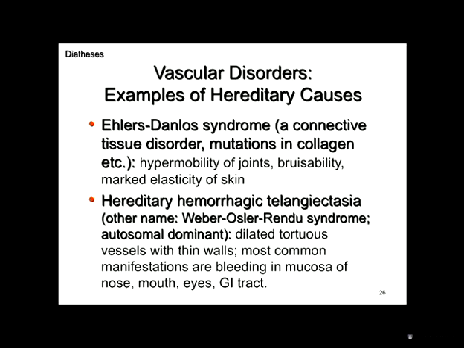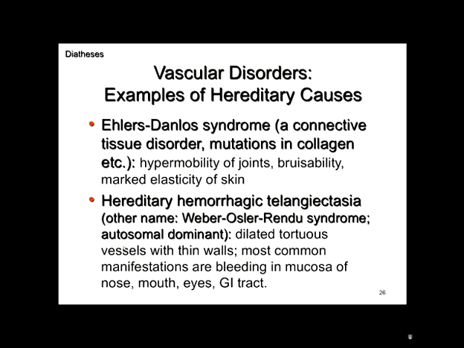And because these patients have mutations in certain collagen genes, their connective tissue isn't all that good. While they have one advantage, they're hypermobile. They can practically fold themselves twice over, but they also bruise easily, and that creates bleeding problems for them.